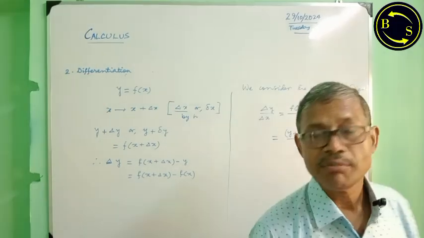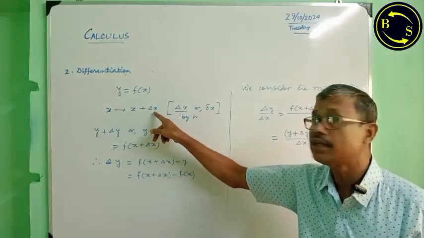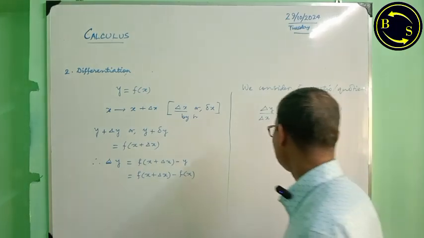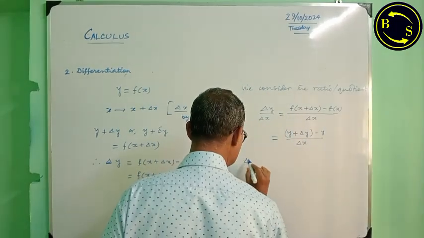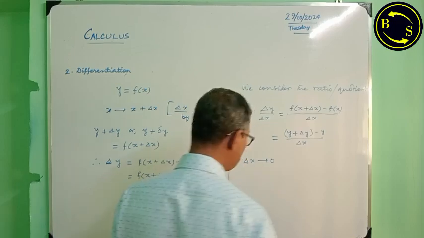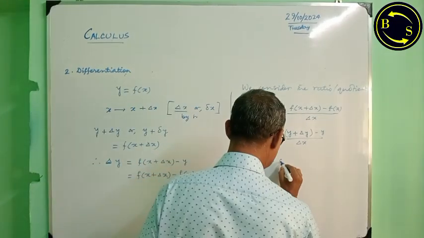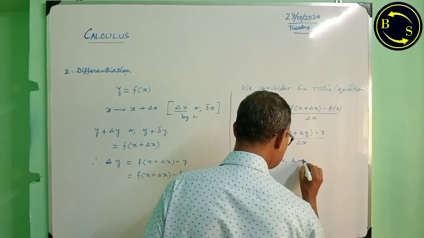Now what will happen if the change in x, that is delta x, is very small, we represent that by writing delta x tends to 0, or h tends to 0.